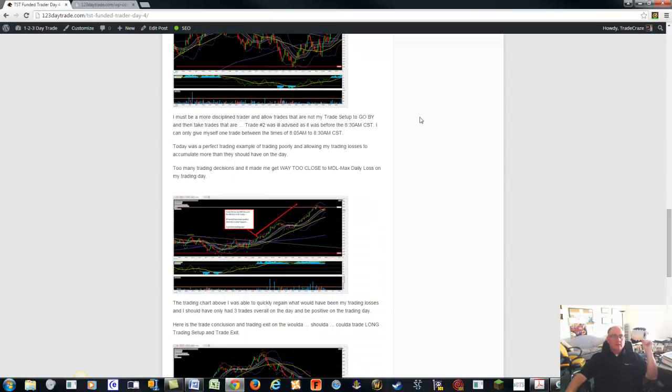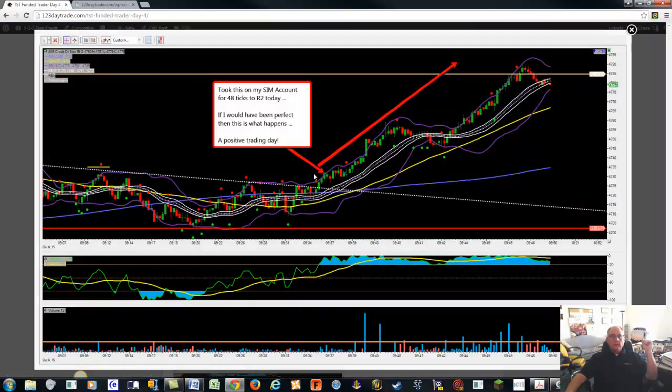So I didn't catch this long. And this long goes from here at 9:37 to this print right here, when I got in at 9:39, and 7-8 minutes later, it's trading up here at R2. This is R2 right here, a screen draw.